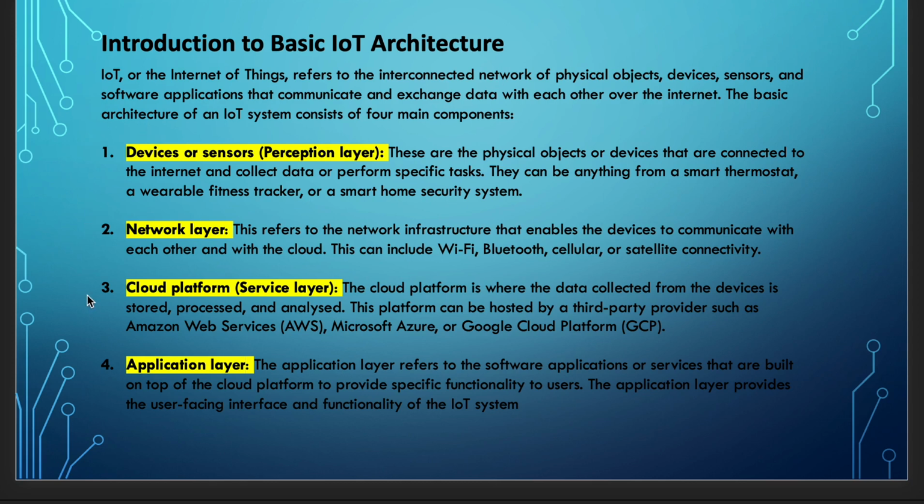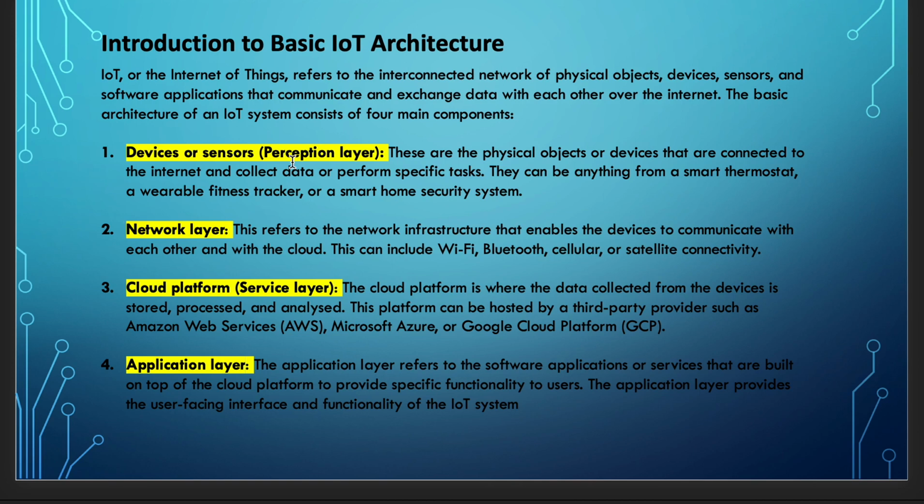And our end goal is to build an IoT device or an embedded IoT device, rather than concentrating on building an entire IoT system. So when building an IoT device, we should concentrate on the perception layer and the network layer, especially the perception layer.